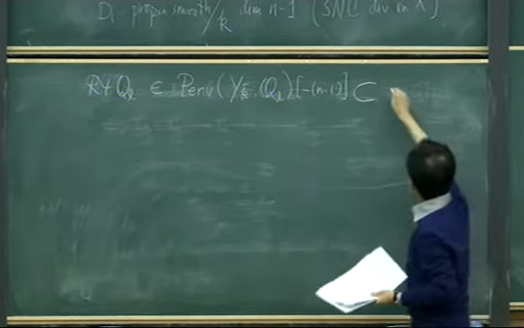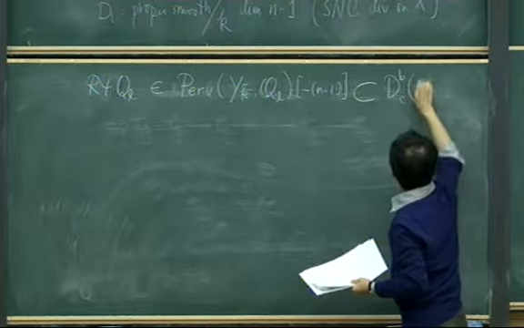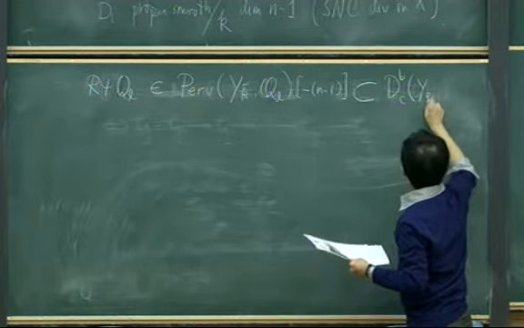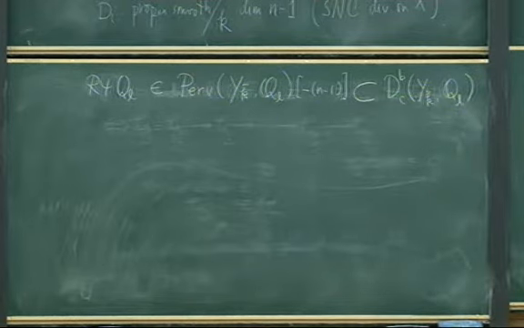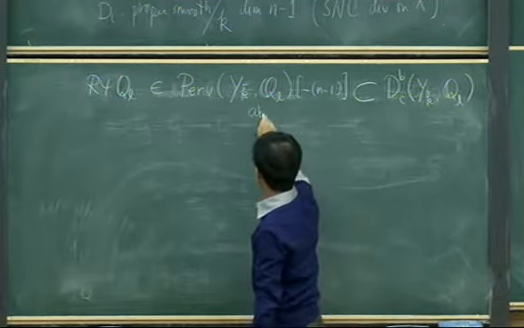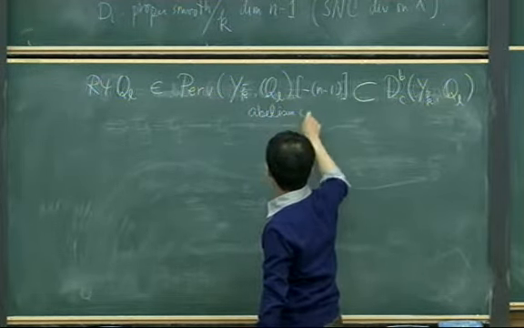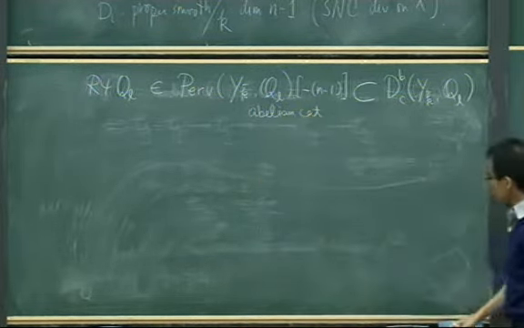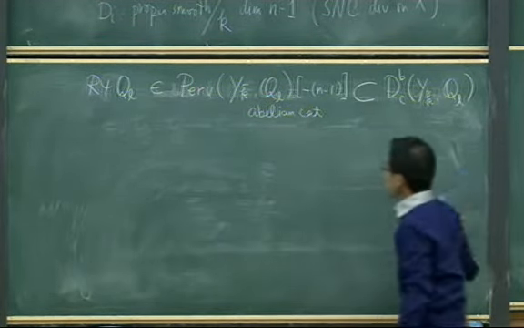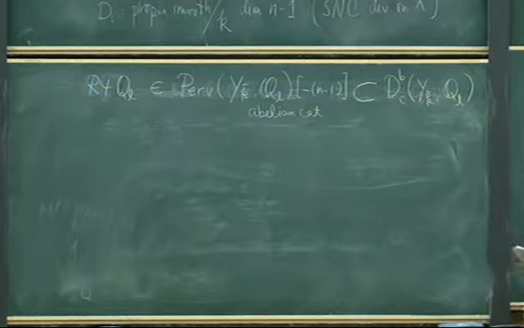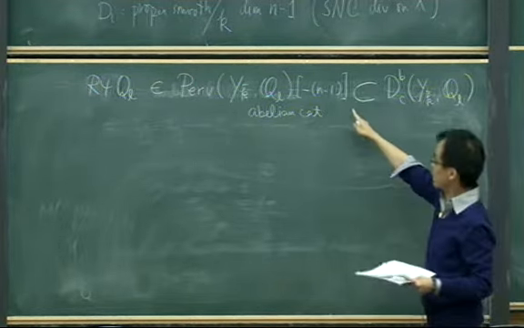So this is a category sitting inside the derived category of Q_l sheaves over Y_K bar. But this is a triangulated category, and this is an abelian category. I won't explain what it is, but let me say it's just a very nice sub-abelian category of this derived category.